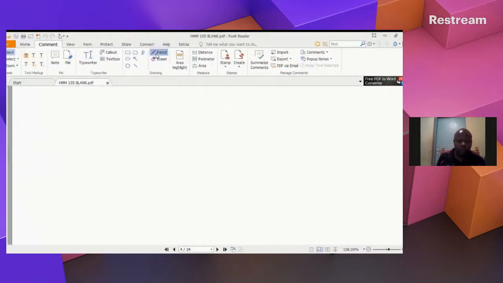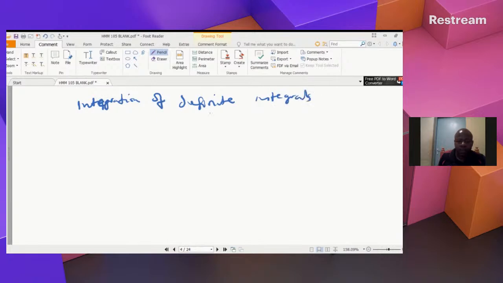So we're looking at integration of definite integrals. And we've said that these are integrals that have limits. For instance, here we're integrating from a to b x raised to n dx.